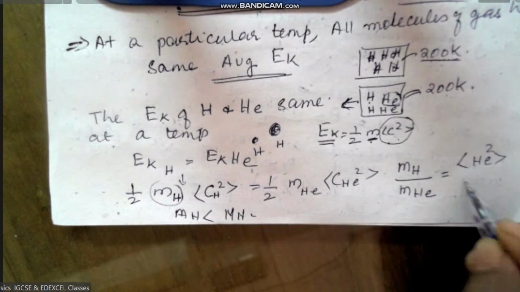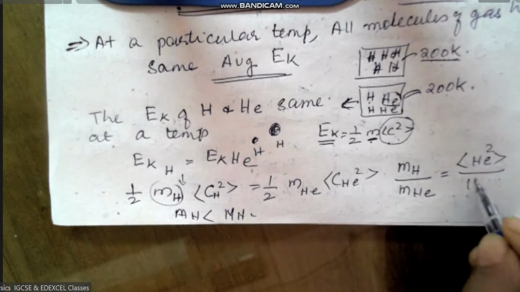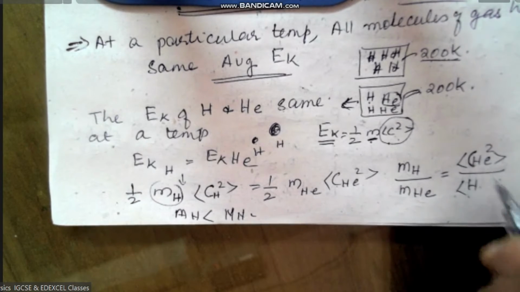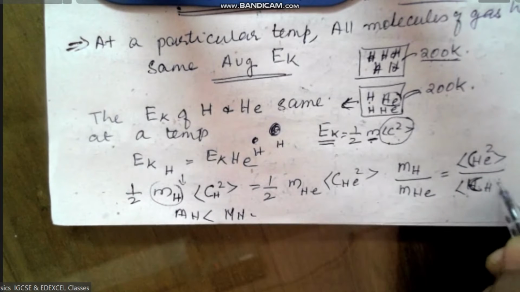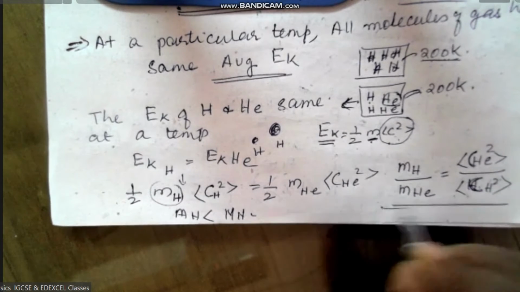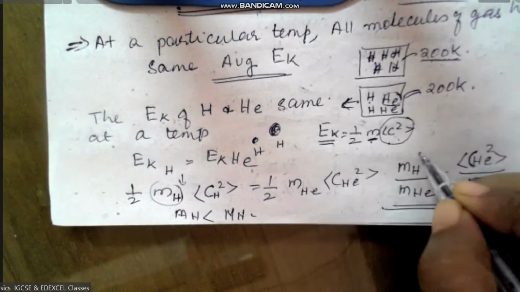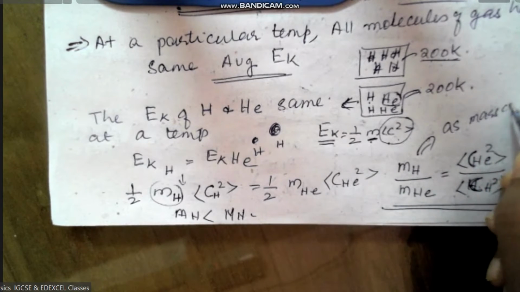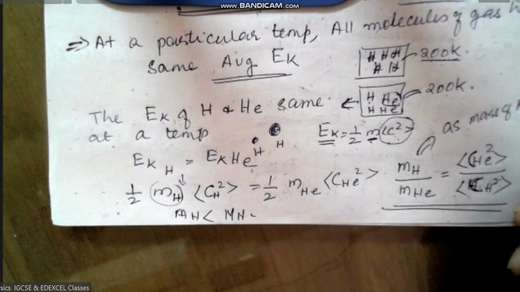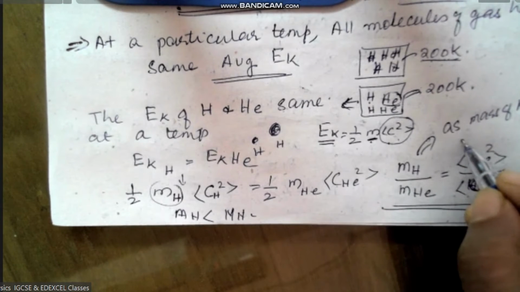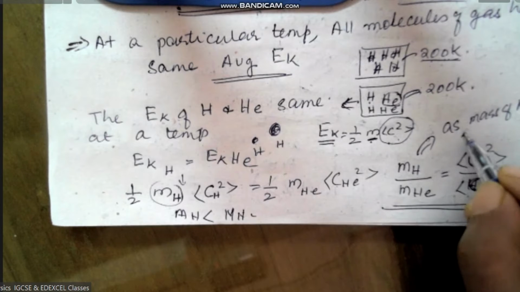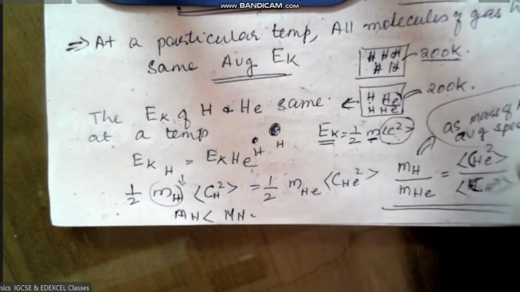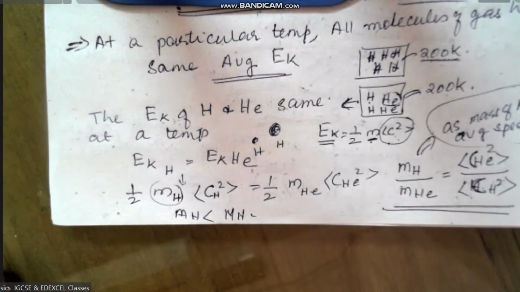They must be equal. But the mass of hydrogen is smaller than the mass of helium. So if this decreases, this has to increase. So mass of hydrogen by mass of helium should be equal to c of helium squared by c of hydrogen squared.